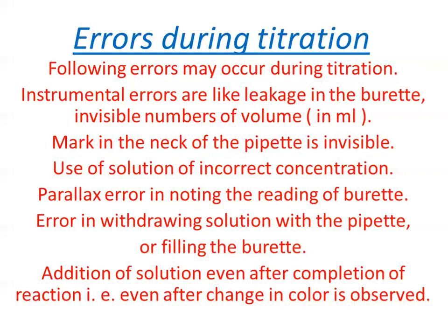It may be colorless to pink or pink to colorless. For example, if it is pink to colorless, even after the color changes to colorless, if we add one or two drops in excess, it will be wrong. So the amount added in excess will give you wrong results, or it is an error.